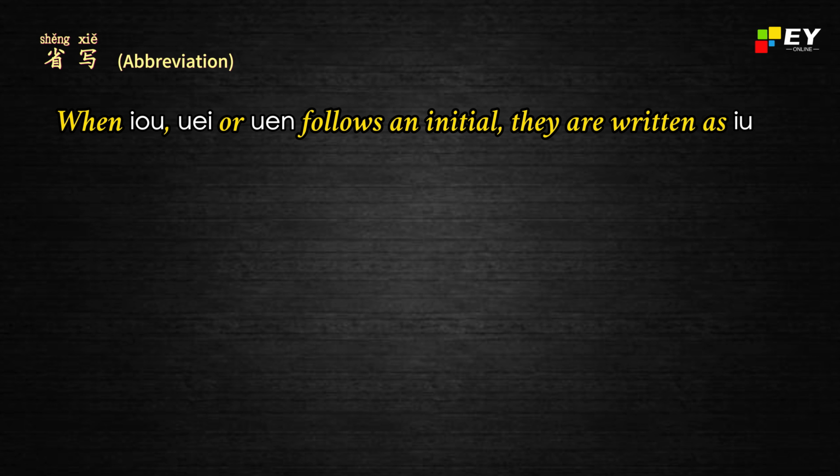Abbreviation. When u, ü or uen follow an initial, they are written as u, ü and un respectively. For example, 妞, 龟, 抡.